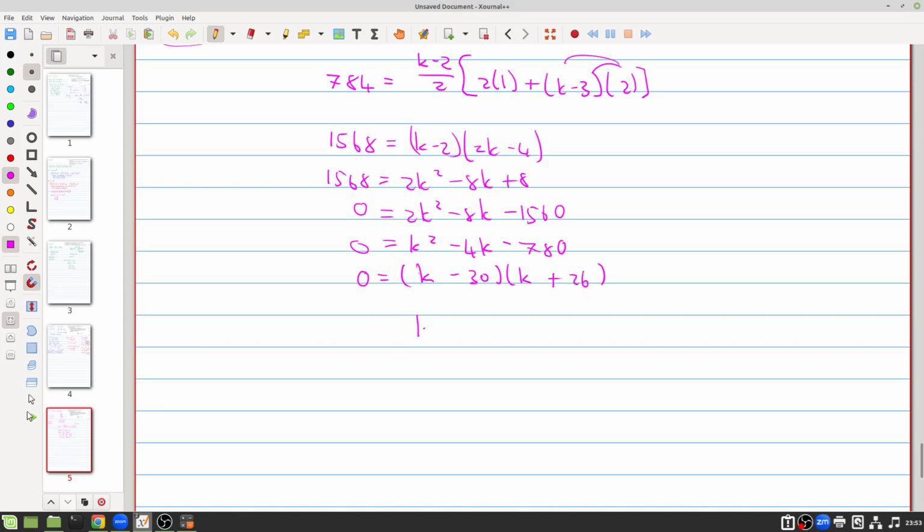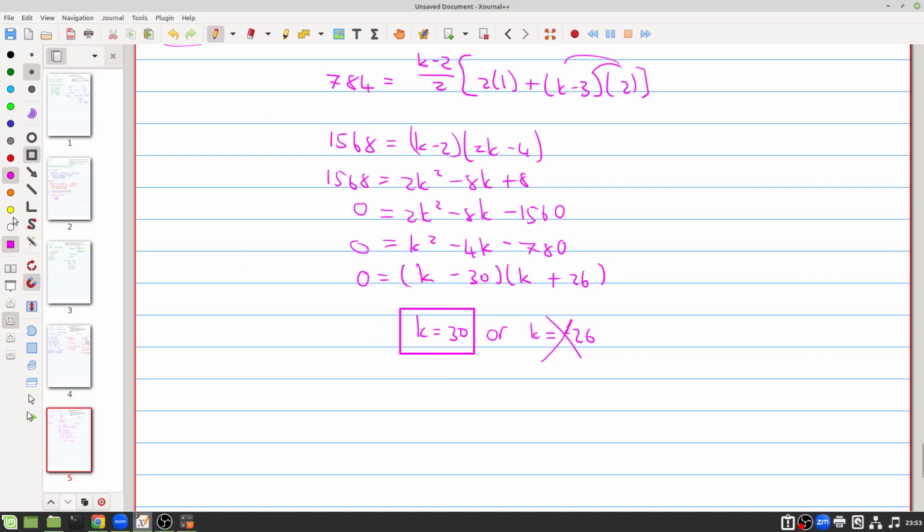So we get k equals 30 or k equals negative 26. This one does not work, right? Because we can't have a negative number of terms that we sum. We can only sum terms that exist. So for first term, second term, third term, we can't sum before we even start. So k equals 30, and that is our answer.